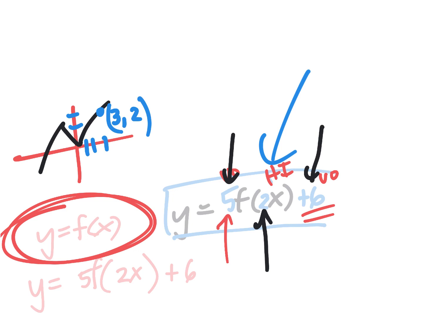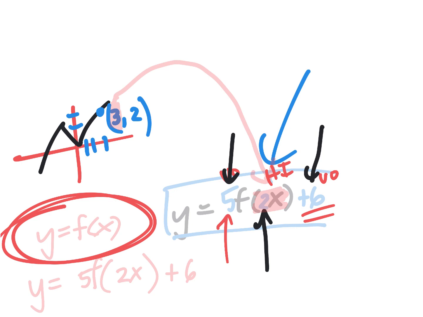So here's what you do. You take the x of it, which is this right here. You take that 3, and which part has to do with the x? The inside or the outside? Inside. This is the x part. Horizontal's on the inside. And it seems like I should just take this 3 and double it.